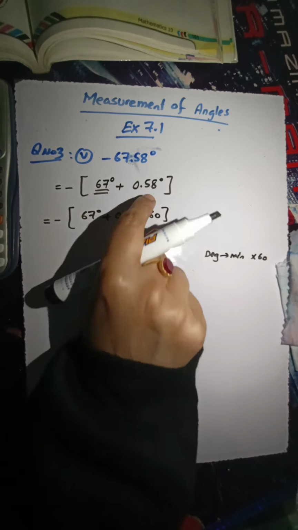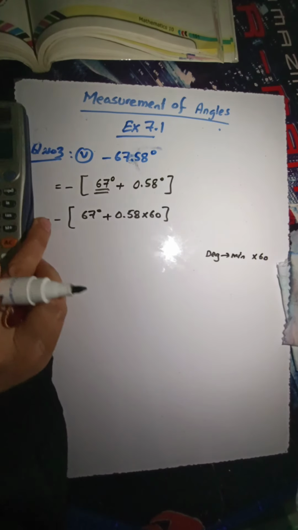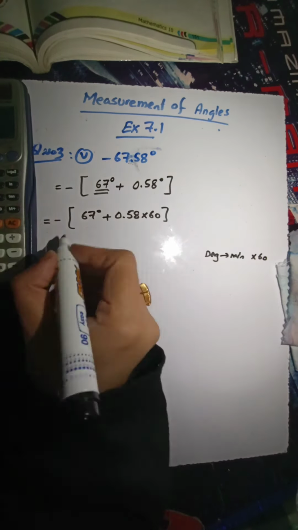So 0.58 into 60 is 34.8 minutes. When I multiply this number by 60, I get 34.8 minutes.